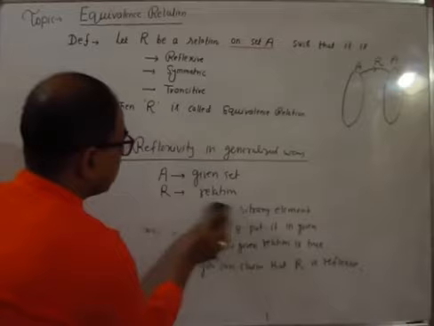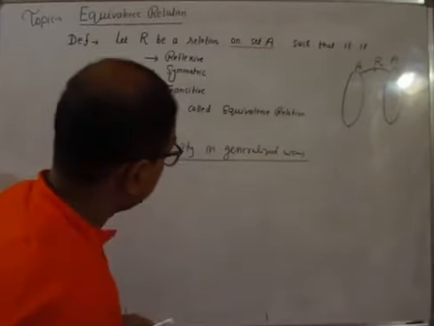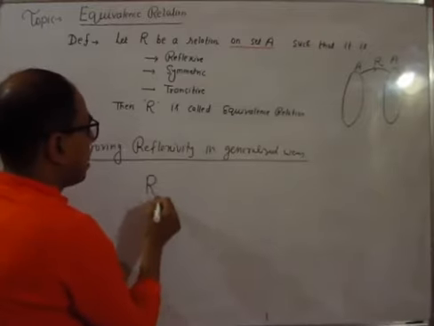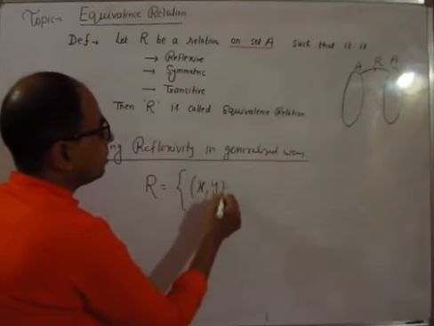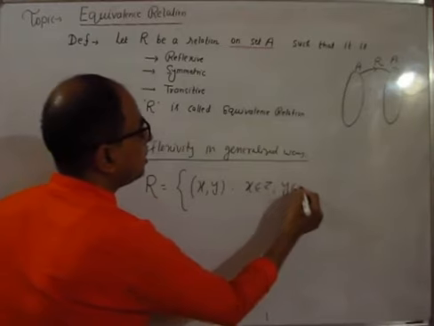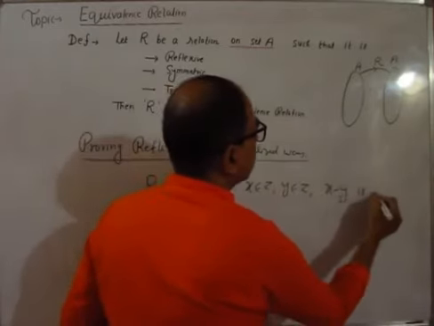Now let us take one example. Suppose R is a relation in which x is related to y such that x is an integer, y is an integer, and x minus y is an even number.